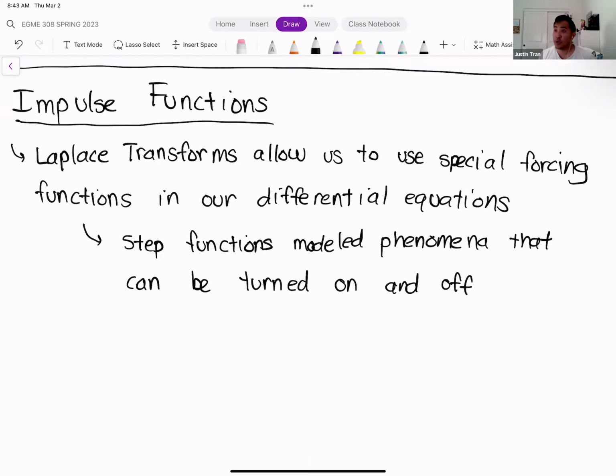And so we saw that on Tuesday. When we did our circuit example, we did an example for when you can basically switch the battery on and off, and we saw what effect that had on the solution.